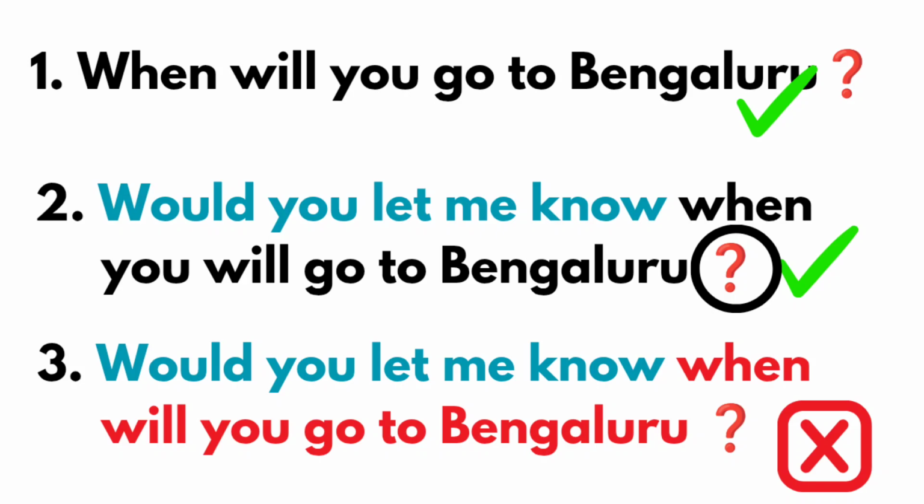Would you let me know or would you tell me when you will go to Bangalore? I hope you can find the difference. When will you go to Bangalore? When you will go to Bangalore? We use verbs at the end of the sentence in embedded questions. In regular questions, we use verbs immediately after WH form words. This is the main difference.